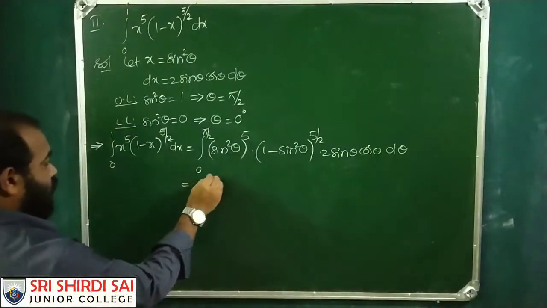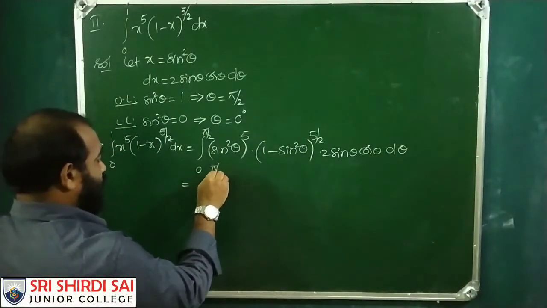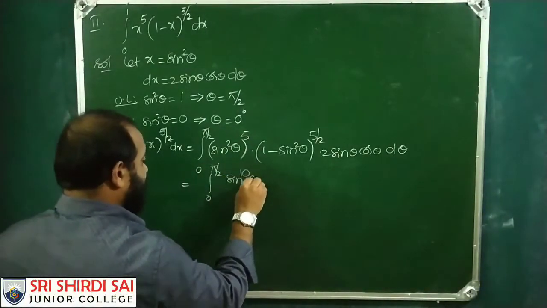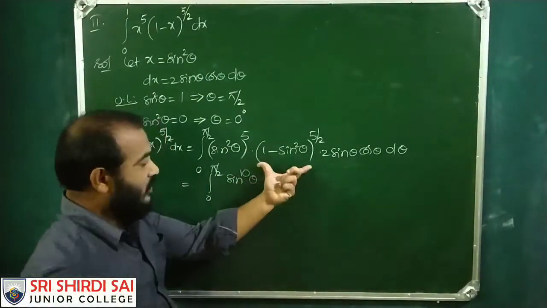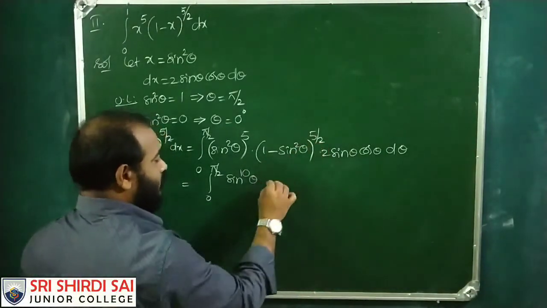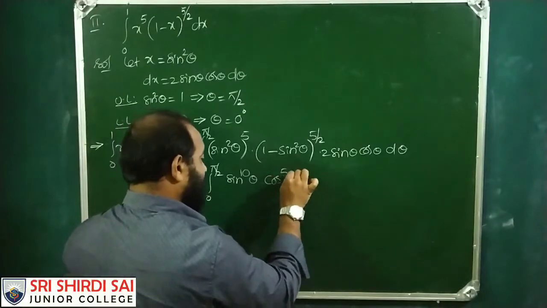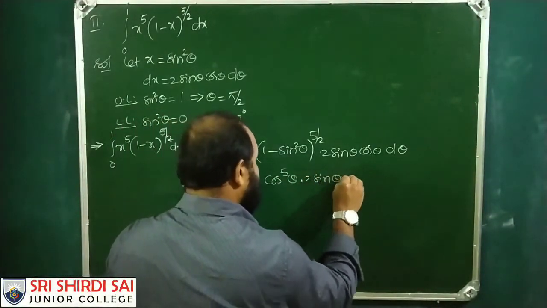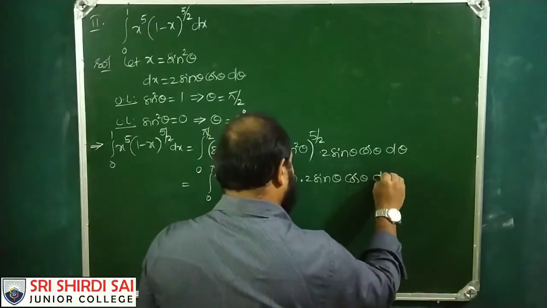So this is equal to integral 0 to pi by 2 sine square theta whole power 5 is sine power 10 theta. 1 minus sine square theta is cos square theta whole power 5 by 2. Square root gets cancelled. Cos power 5 theta into 2 sine theta cos theta d theta.